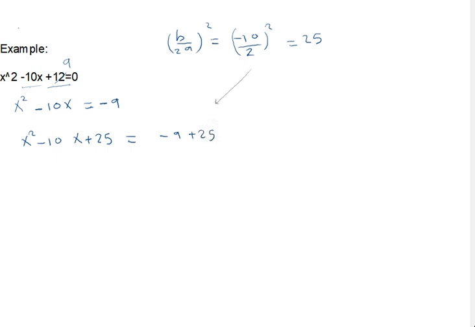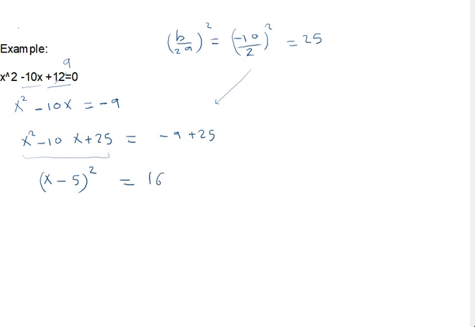We add this term to both sides of the equation. We complete the square here. We can rewrite it as (x - 5) squared, the root of x squared and the root of 25, equals 16.